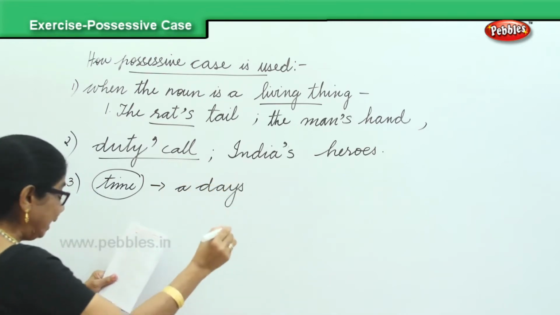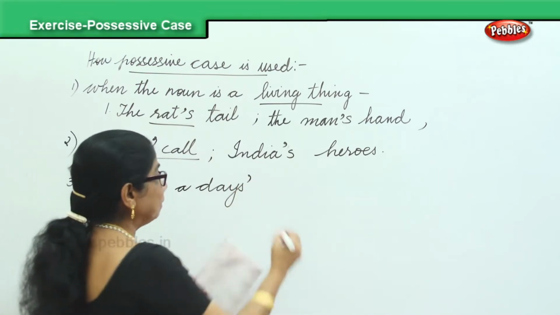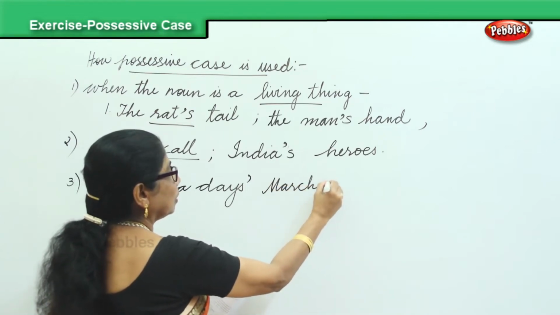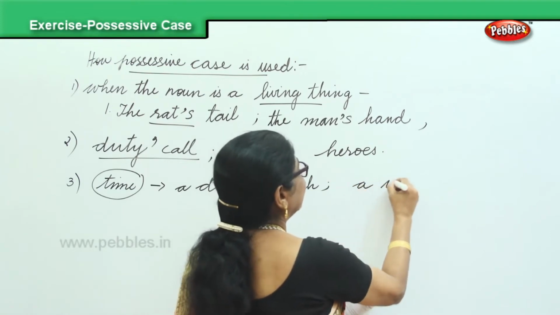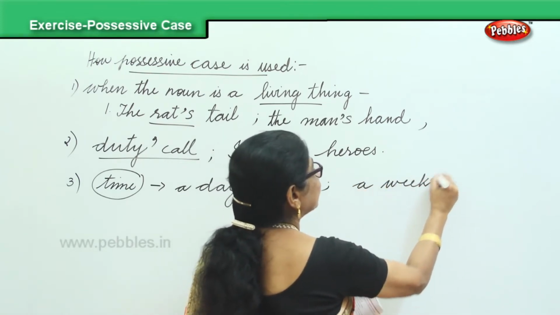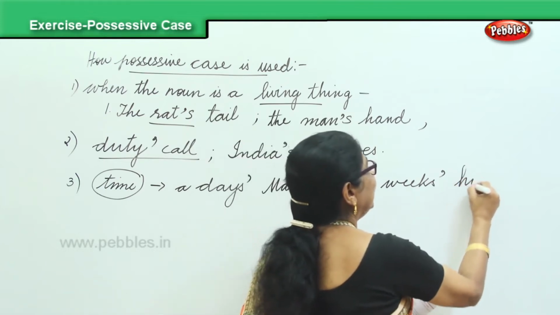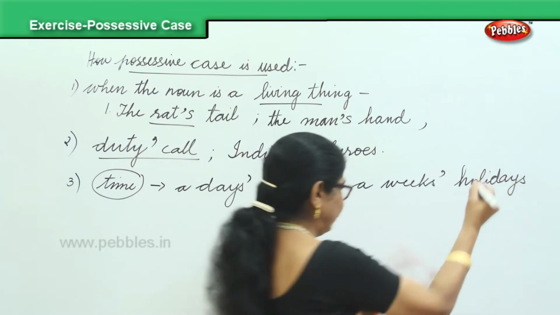You put the day and after that the apostrophe. A day's march. Or you will say a week's holiday. A week's. You put the apostrophe after.